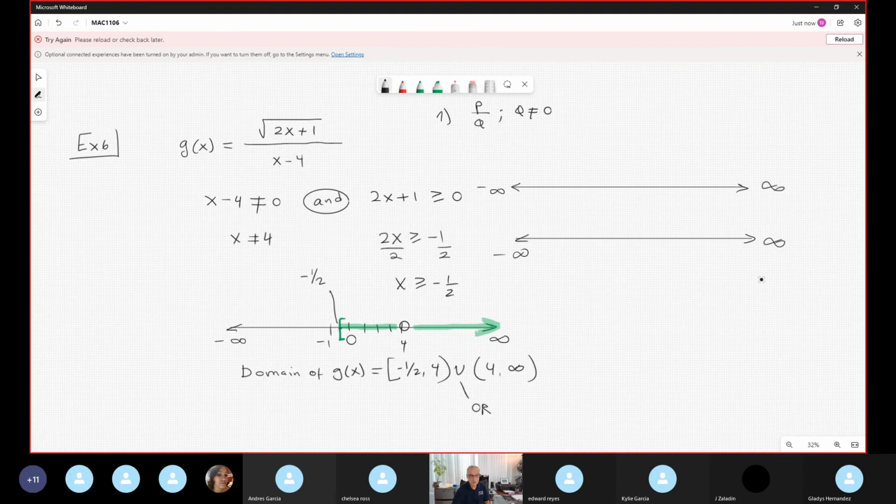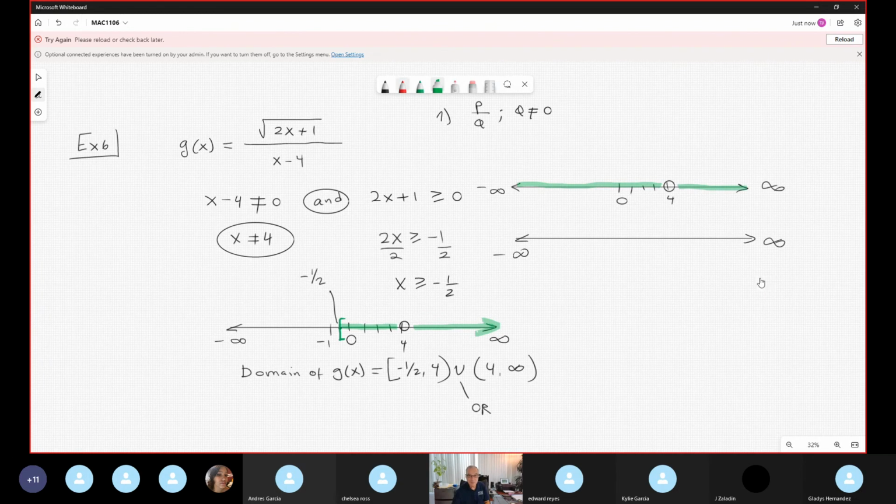For that part, this is 0, 1, 2, 3, 4, and at 4 we have a hole. This represents all real numbers except 4. That part is okay, and that part is okay. The only hole is 4. And the other part is negative 1/2.